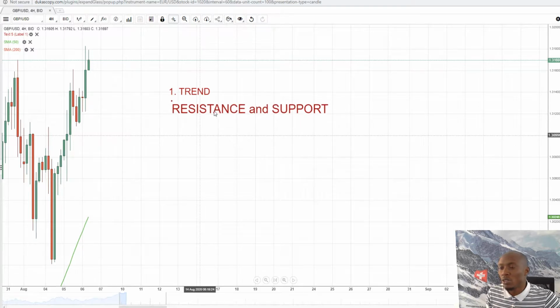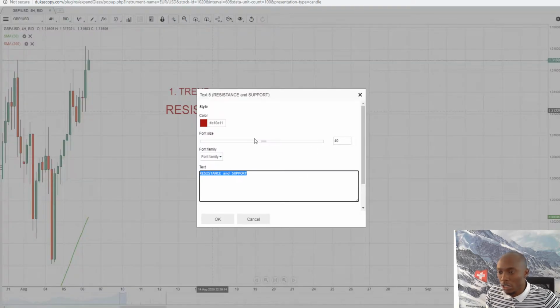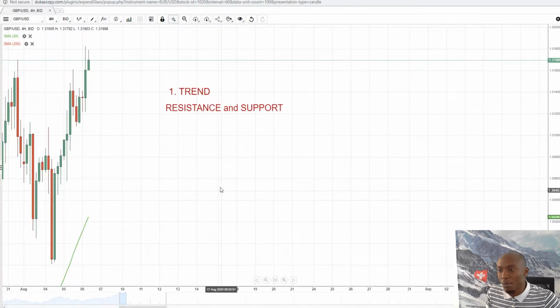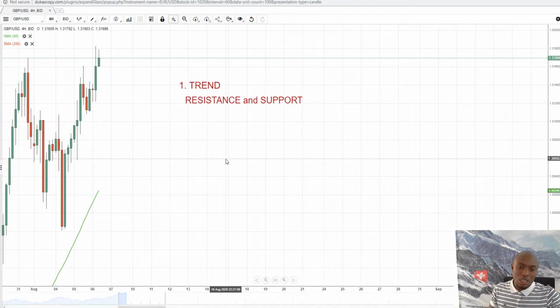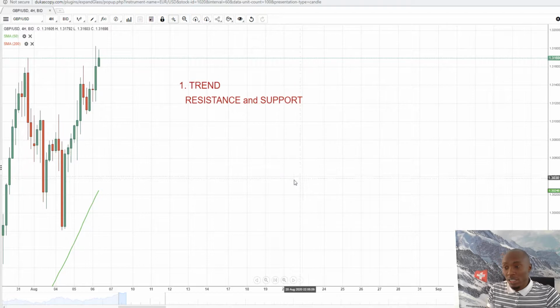So the number two thing which you need to know is the resistance and the support. That is very important too. This is the number two which you need to know before taking a trade, either buy or sell. So this is the resistance and support.